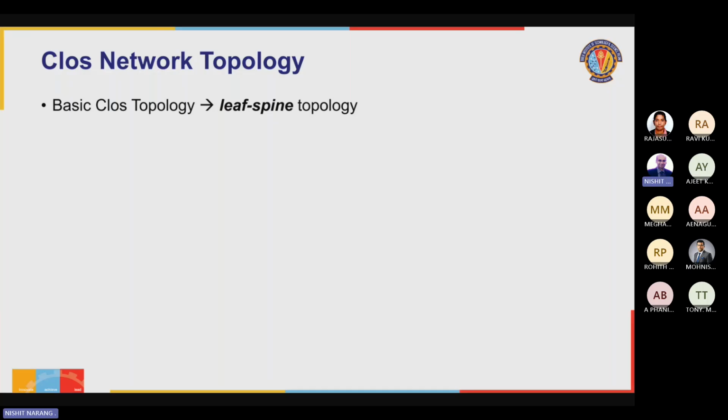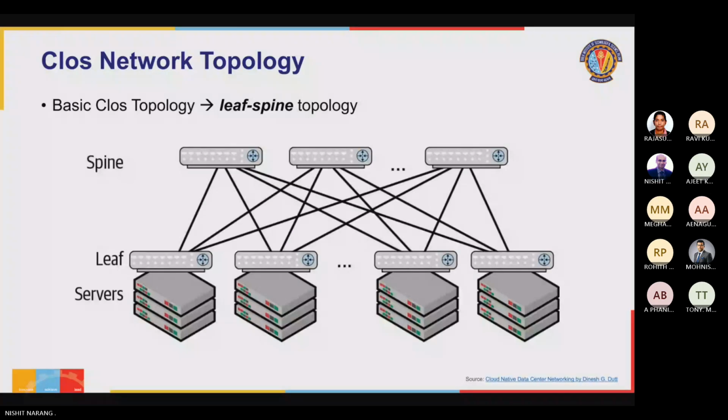Okay, this is the challenge which existed in circuit switch networks, which was solved by an inventor called Charles Clos, and the topology which he designed got to be known as the Clos network topology.